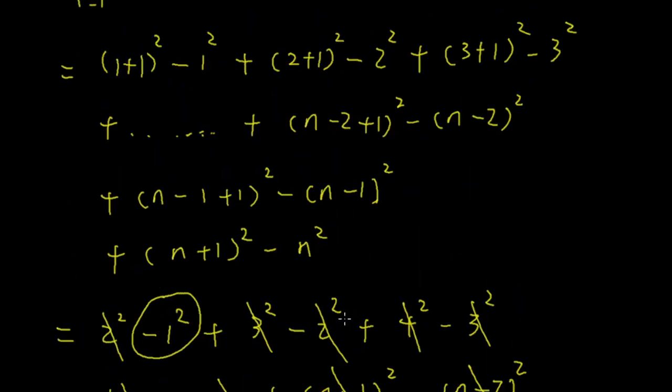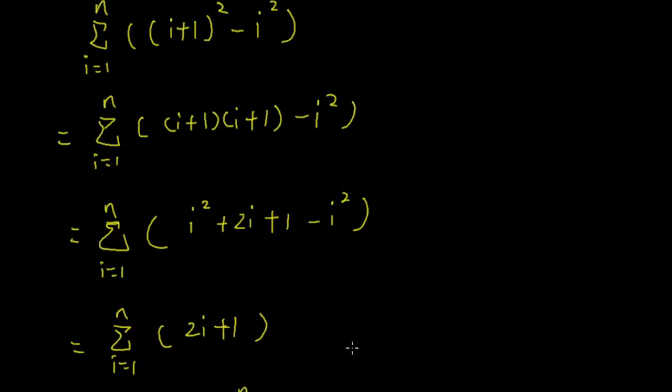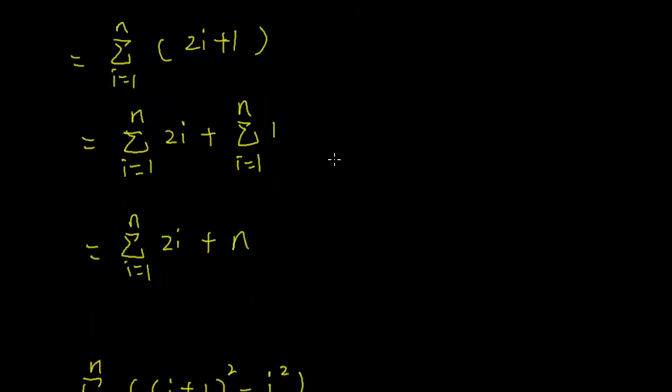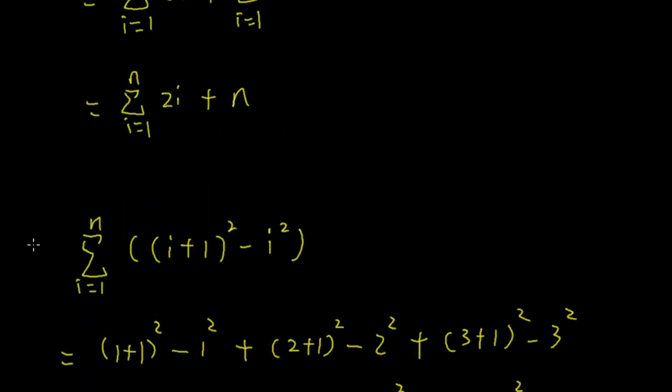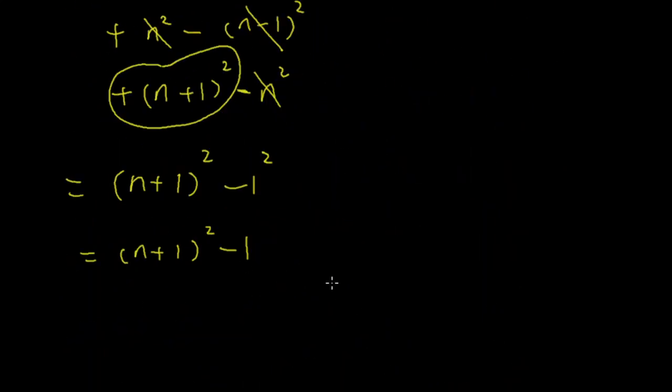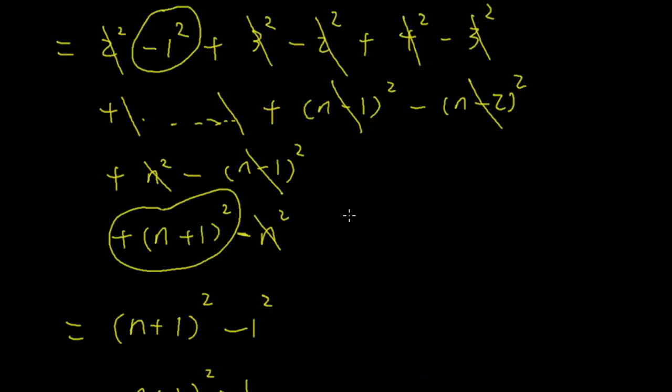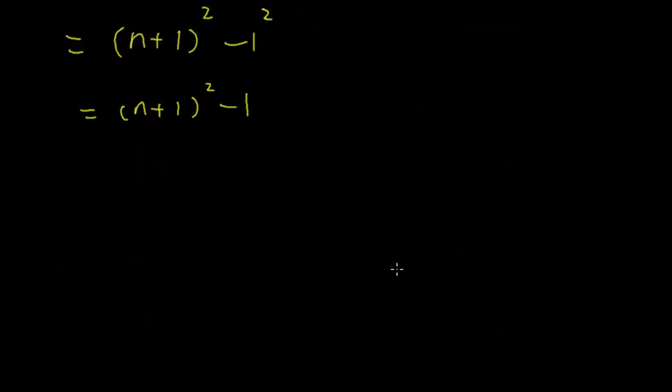Okay, so notice that the sum of difference of squares here is equal to the sum of (2i plus 1), which equals the sum of 2i plus n. And this same sum of difference of squares is also equal to (n plus 1) squared minus 1. So I can equate this one and this one together.